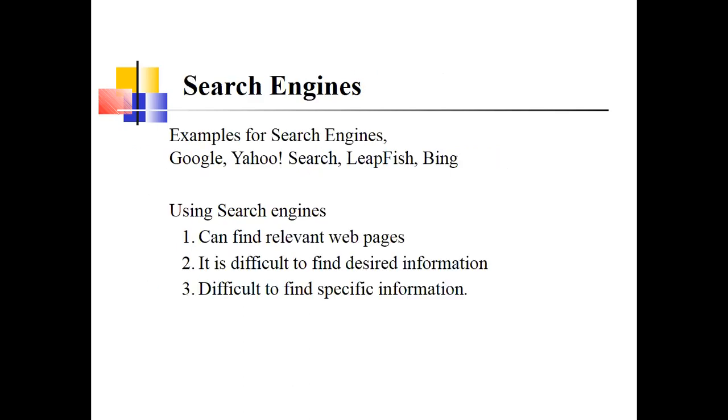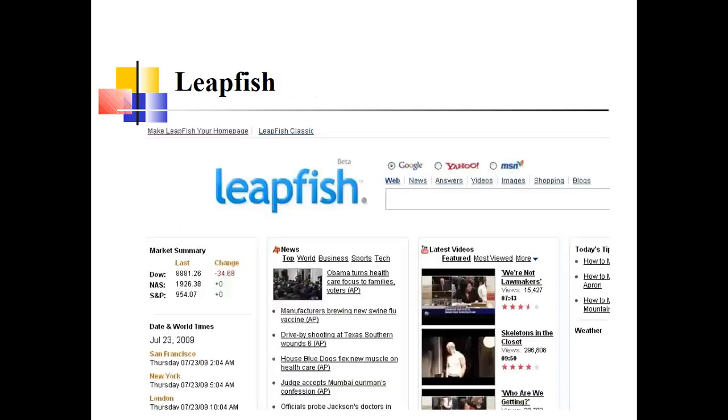The most famous search engines, as you know, are Google, Yahoo, Bing, Leapfish, and different others. What is the specific function of search engines? It is to find specific relevant data. However, a bulk amount of data appears in Google, Yahoo and other search engines, so it is difficult to find the specific information you want, related to nucleotide sequences, proteins or any other specific data.